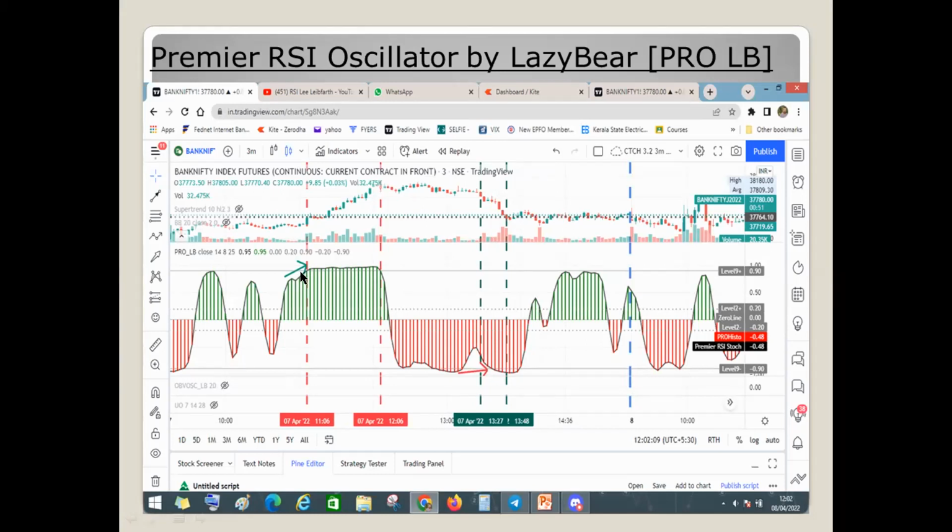And when the market comes into a bearish mode, you can see a similar pattern here also. So this gives some indication that something is going to happen. Okay, that's about Premier RSI oscillator, and how we are going to use it we will learn in the coming days.